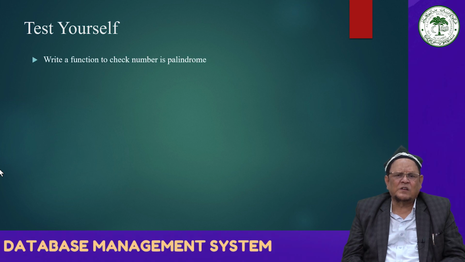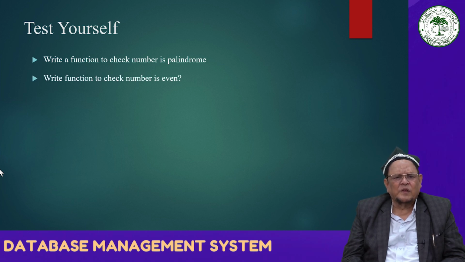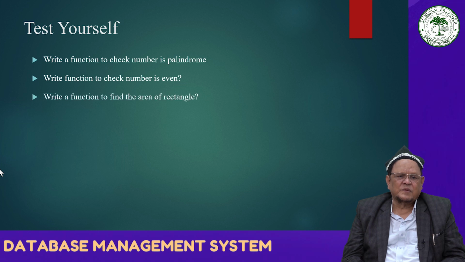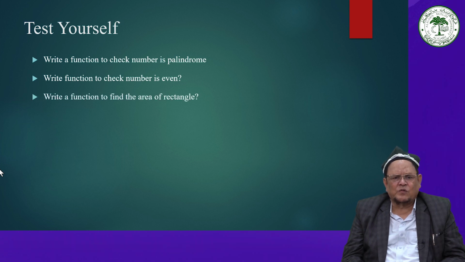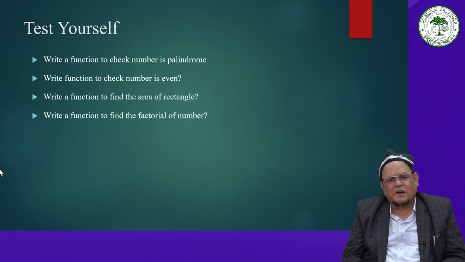Try these questions as an assignment. The first question I have given is to write a function to check whether a number is prime. The next is to write a function to check whether a number is even. Write a function to find the area of a triangle. Then the area of a rectangle.